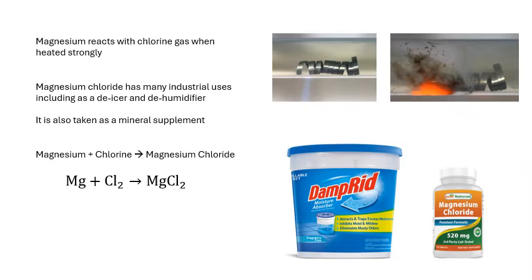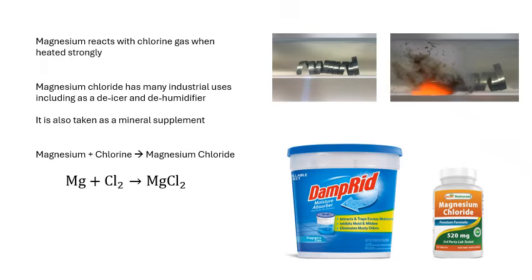Magnesium reacts with chlorine gas when it's heated strongly, and magnesium chloride has many industrial uses. It's used as a de-icer and a dehumidifier. So you can buy a chemical dehumidifier: you take the lid off and it absorbs water from the atmosphere.